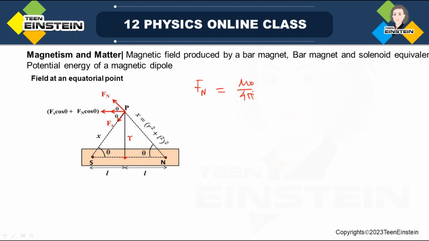And then the magnetic field is Qm by x square, where x square is equal to r square plus l square. This length is L because the dipole is of length 2L. This is r, the distance from O to P. So that's how we can find x is equal to square root of r square plus l square. We can just put this directly here if you like.